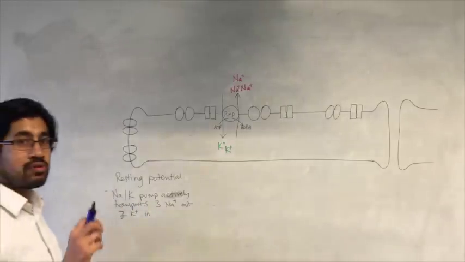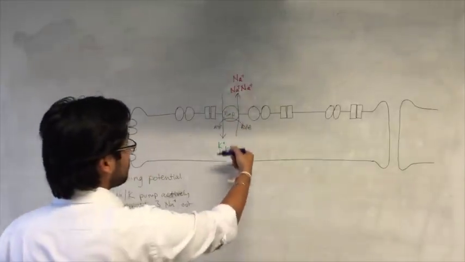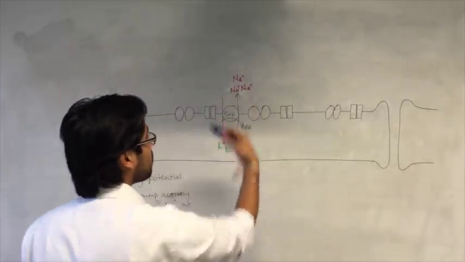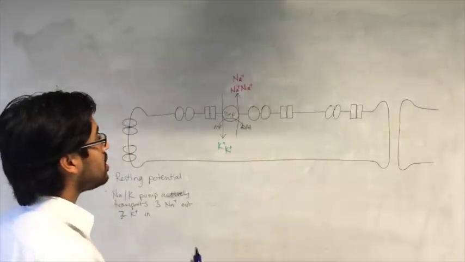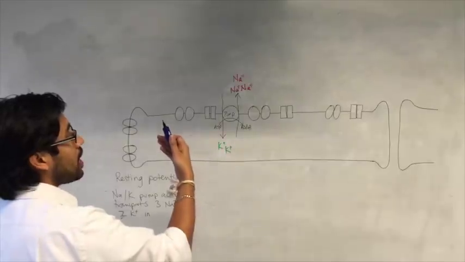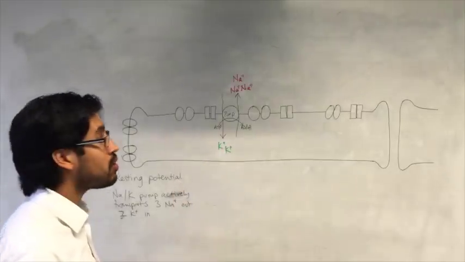Because of this imbalance, 2 positive charges coming in and 3 positive charges being moved out, it creates an electrical as well as a chemical gradient.